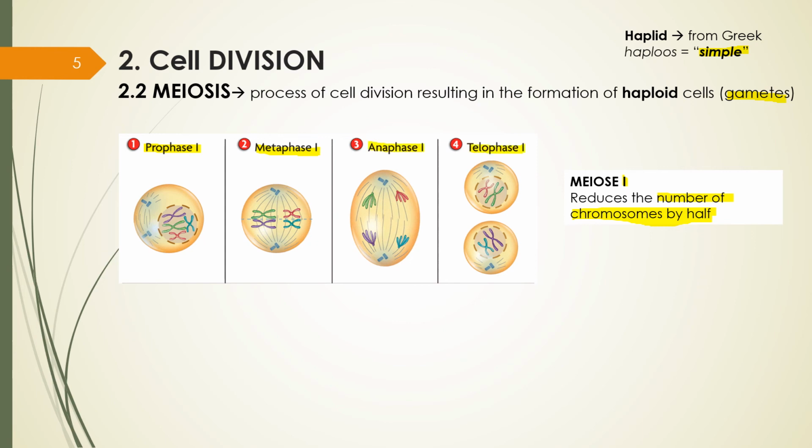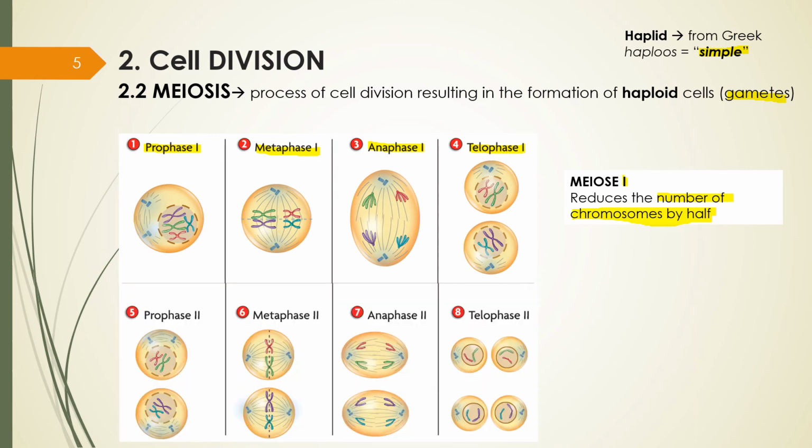And what's going to happen for meiosis 2? I also have Prophase 2, Metaphase 2, Anaphase 2, and Telophase 2. Okay? And if you know what happens in each phase of mitosis, you know almost everything for meiosis. The difference is I have 2 of each for meiosis, so meiosis 1 and meiosis 2.